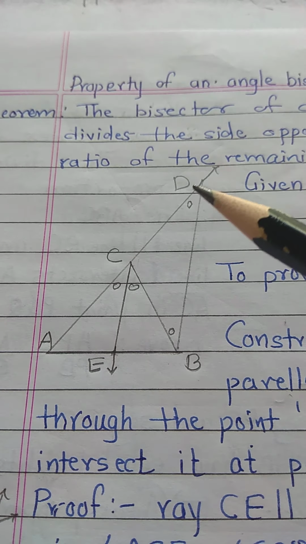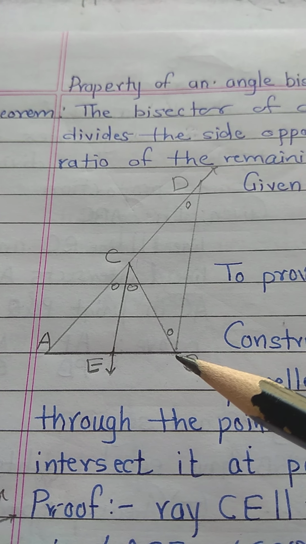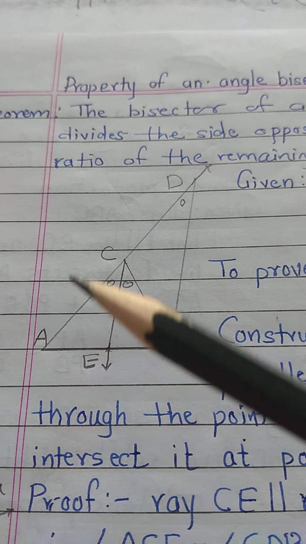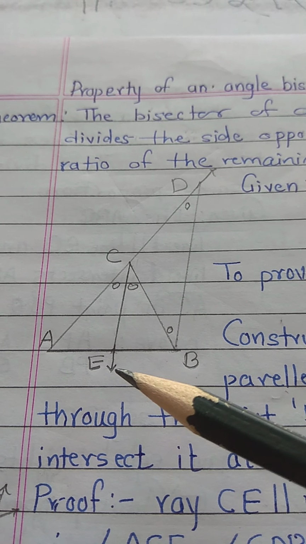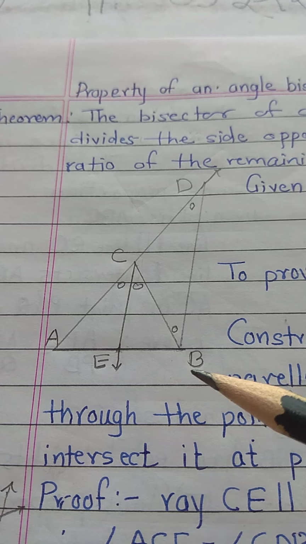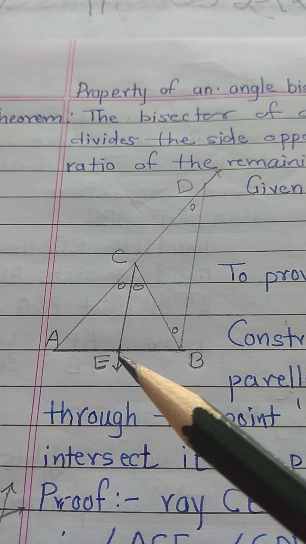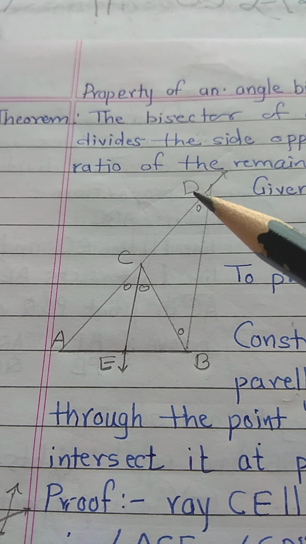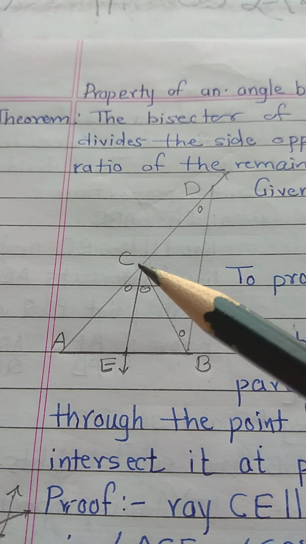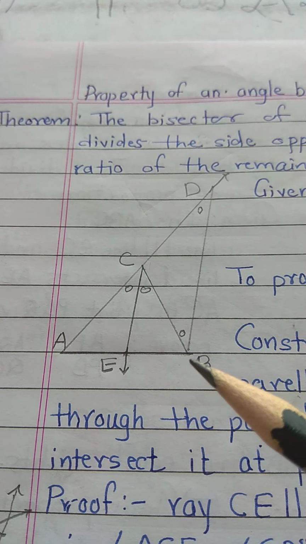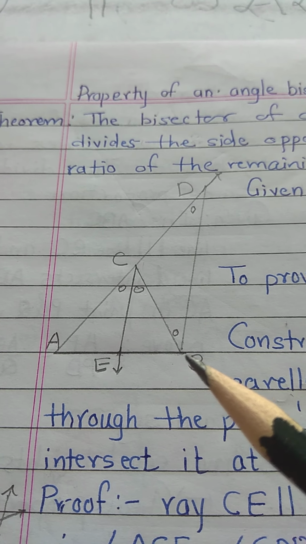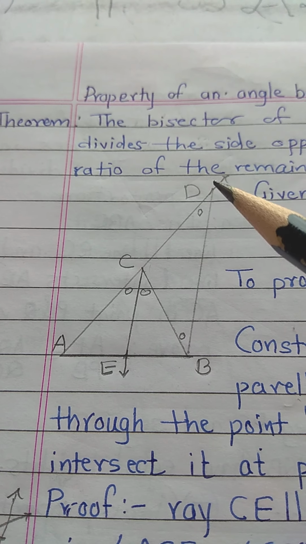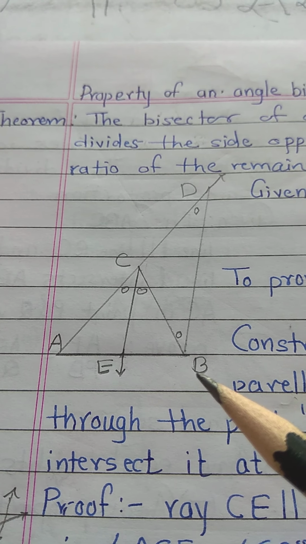Therefore, we can say that CD equal to CB. By the basic proportionality theorem, since CE is parallel to DB, AE upon EB equal to AC upon CD. But we have already proved that CD equal to CB, therefore in place of CD, we can write CB.